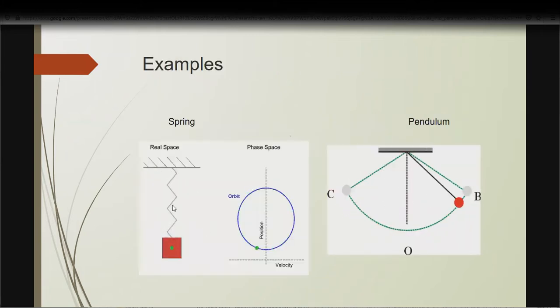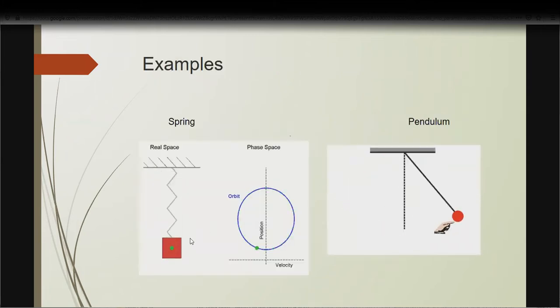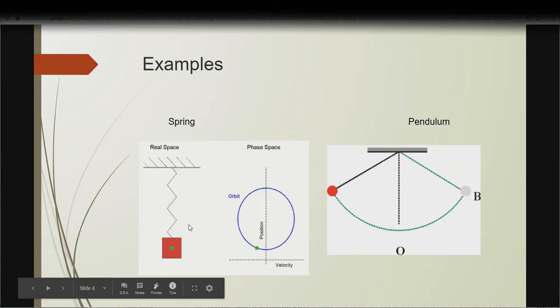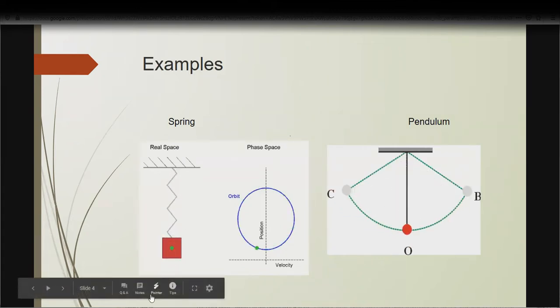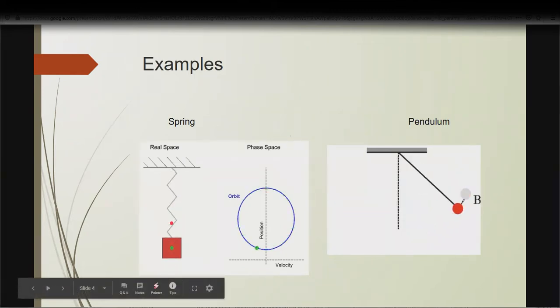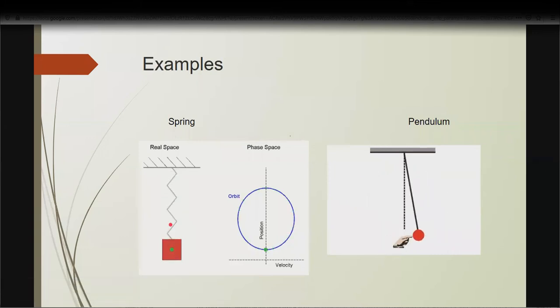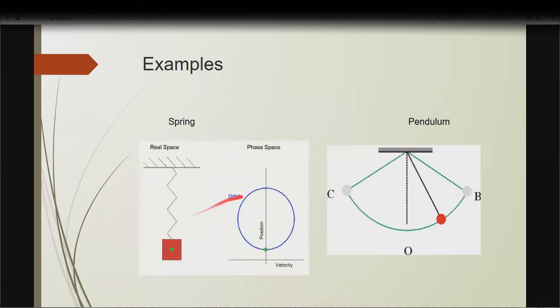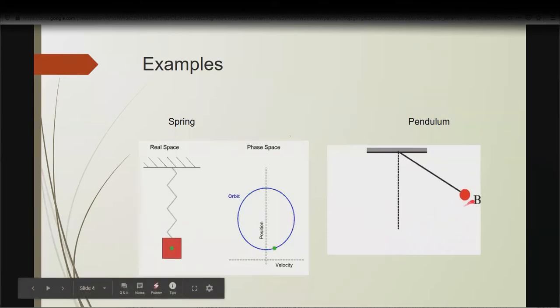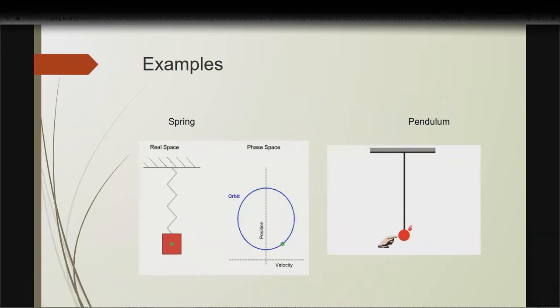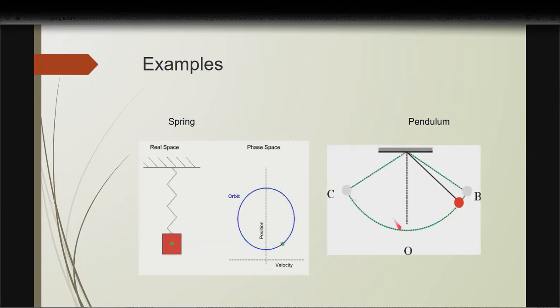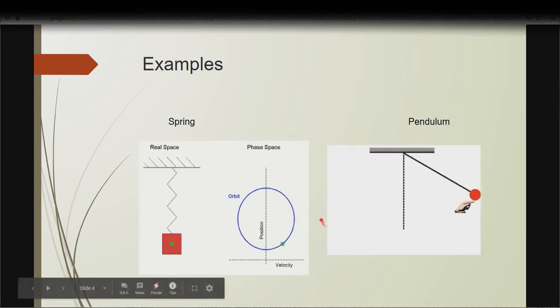This is the spring. A real spring. If you consider this point as the center, the green colored dot moves across this one. The pendulum is very easy. Okay, let's start from this one. It comes to O. Again, it passes over and goes to C. Then again to O, and it repeats this pattern.